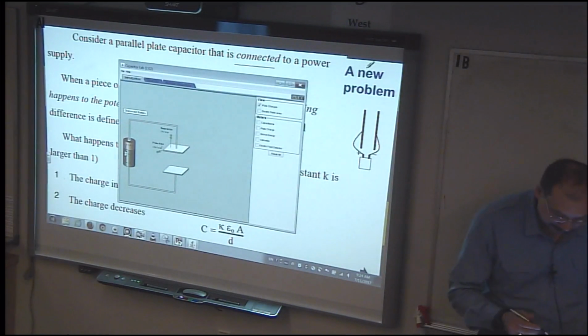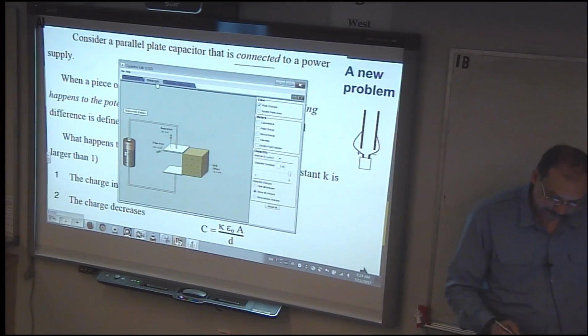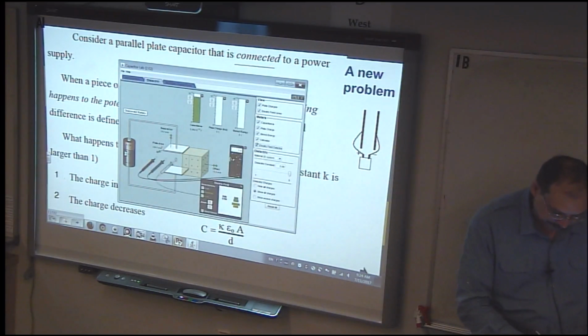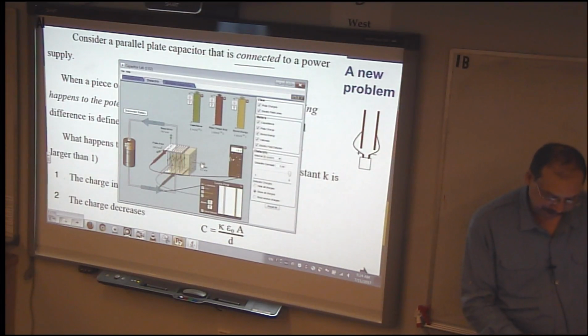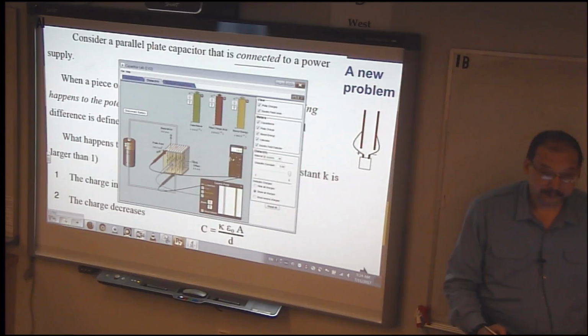So what's happening here? Well, we switch to a dielectric, and we can turn on all meters here if we want to. Measure voltage, measure energy, everything. And what's going to happen when I am inserting a dielectric? By adding a dielectric, we're changing capacitance, of course.